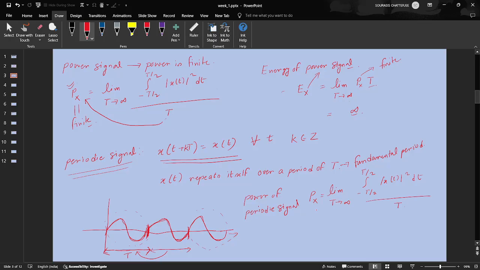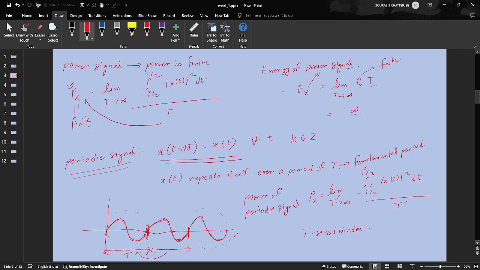Now I will say that for a periodic signal, this is a T-sized window. Okay, let's call it T dash here, because I would like to call T the fundamental period of this periodic signal, so let it be T dash.